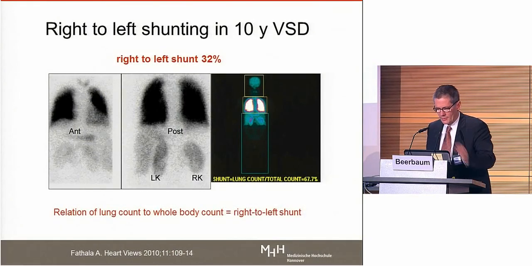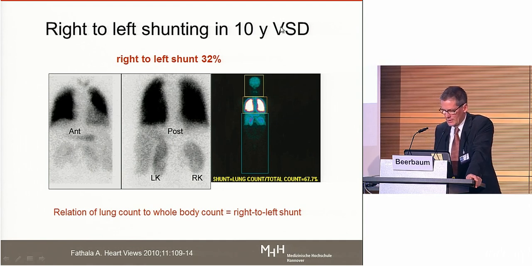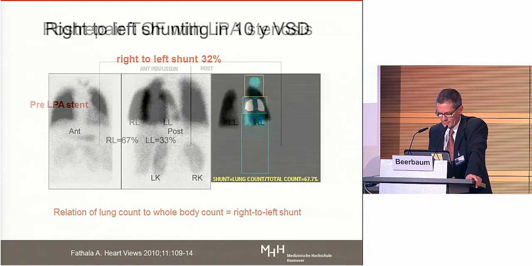Here is an example showing that if there is runoff of nuclear activity from the infusion into the venous system and the pre-pulmonary heart side, then you get staining of the kidneys. You can use that information to calculate the right-to-left shunt, as we've done here in a 10-year-old with a VSD and the beginning of Eisenmenger's reaction.